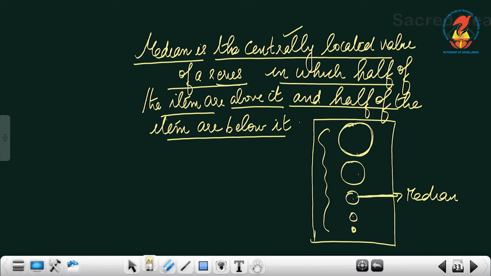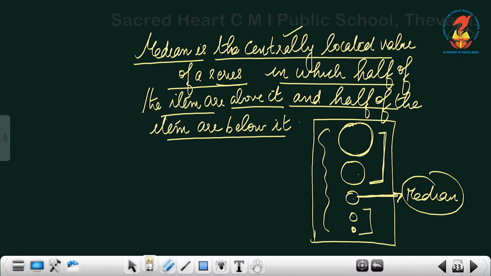The centrally located circle in this series is called the median, in such a way that half of the values, 2 circles, are above it and half, 2 circles, are below it. So this is known as a median.